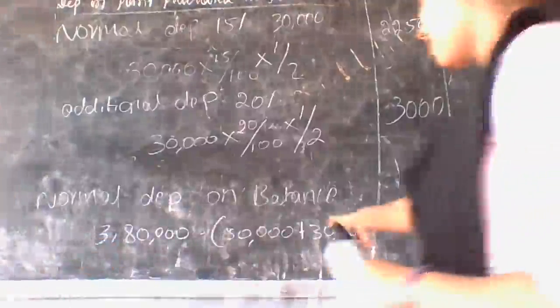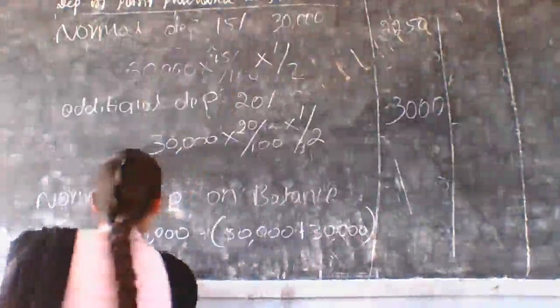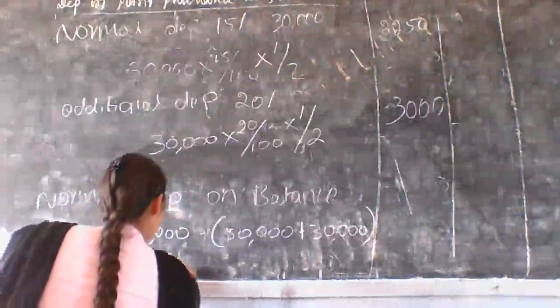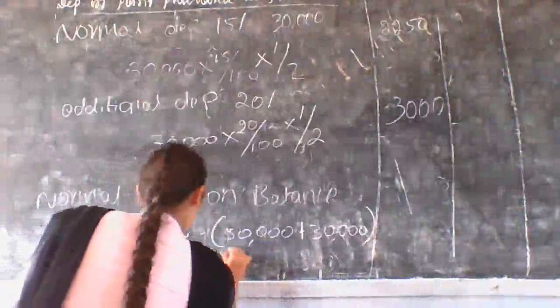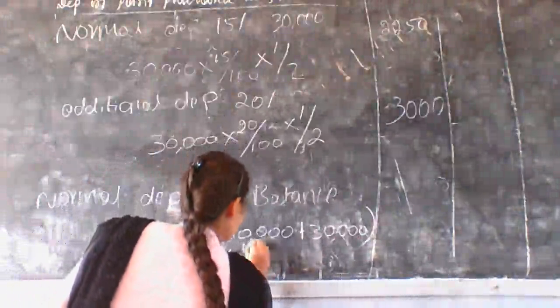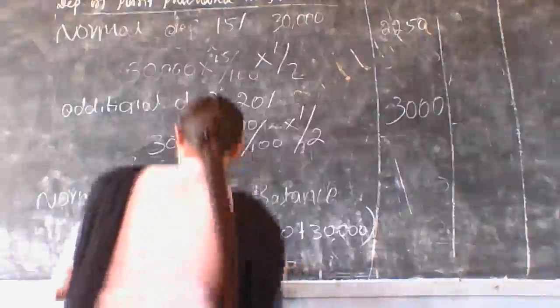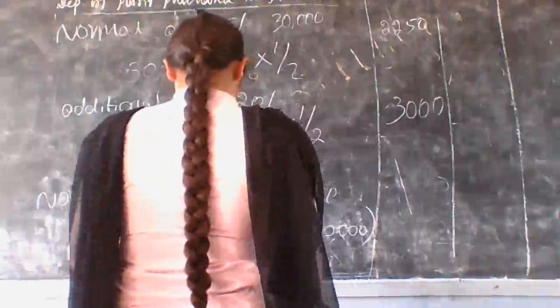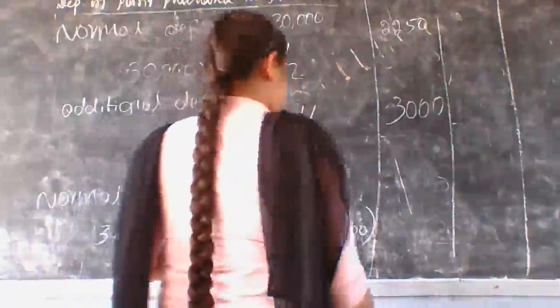Right here, 3 lakh multiplied by 15%, 45,000.